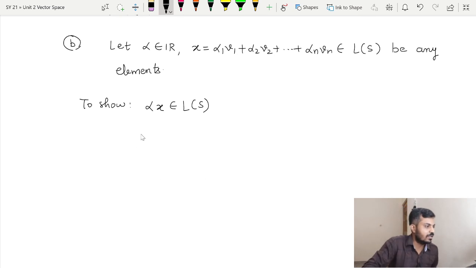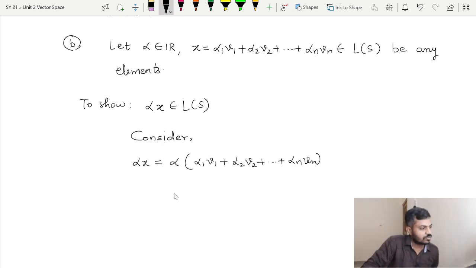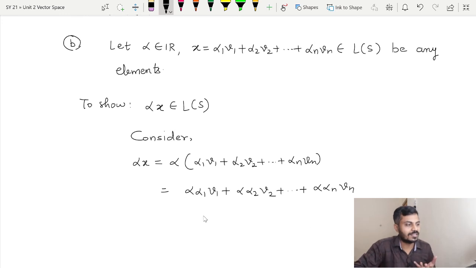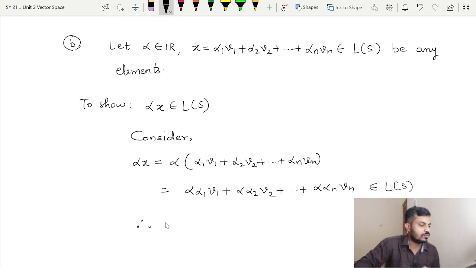So let us start. Consider alpha x. After substituting the value of x and putting this alpha inside, you can see that this is again a linear combination of v1, v2 up to vn, thus it belongs to L of S, and therefore L of S is closed under scalar multiplication, and therefore L of S is a subspace of V.